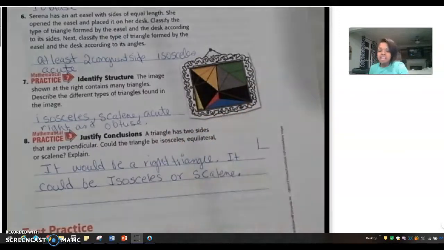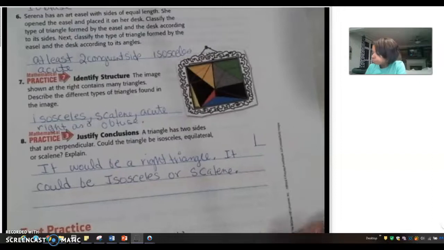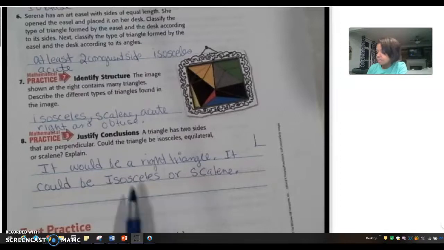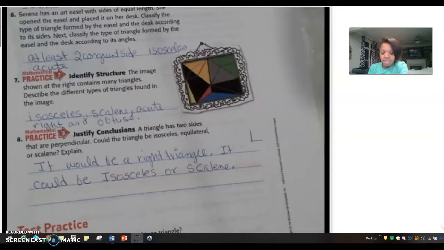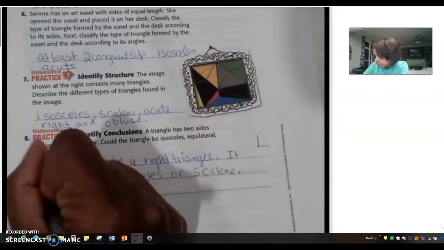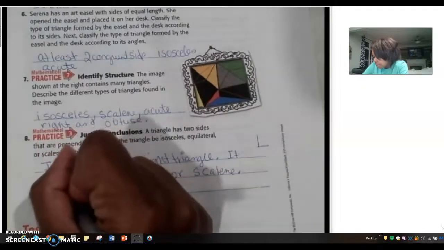Okay, now why couldn't it be acute? Well, it can't be acute if it has an angle that's right, that's 90 degrees, because once it has an angle that's 90 degrees, then it can't be acute, okay? It also can't be equilateral because it can't have 3 90-degree angles, so that's why I said isosceles and scalene, okay? It cannot be equilateral. Let me go ahead and explain that.